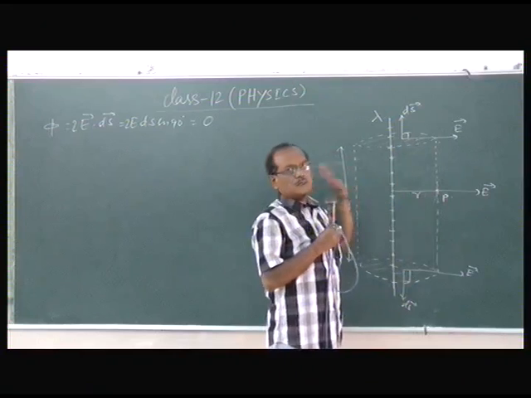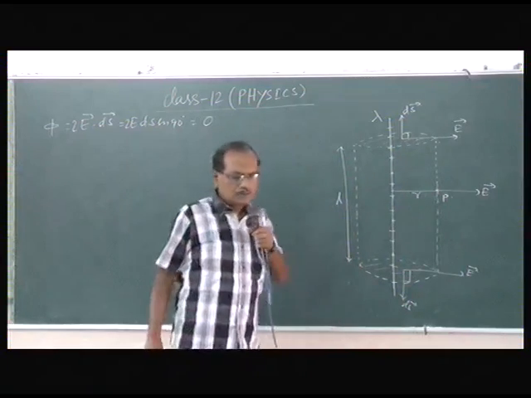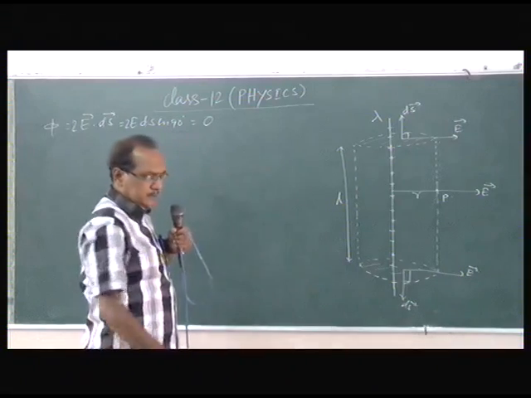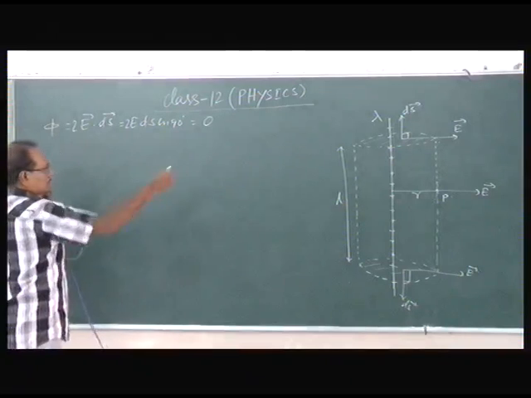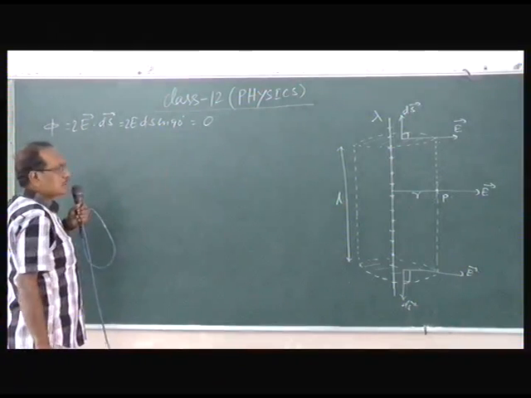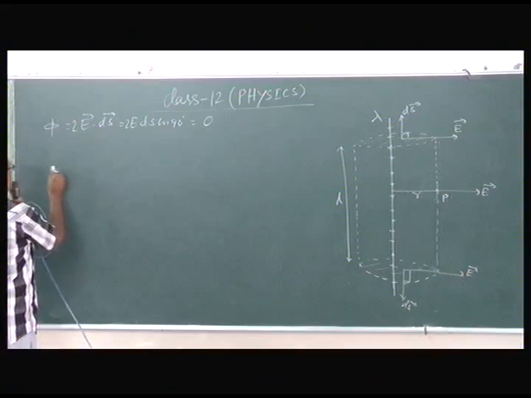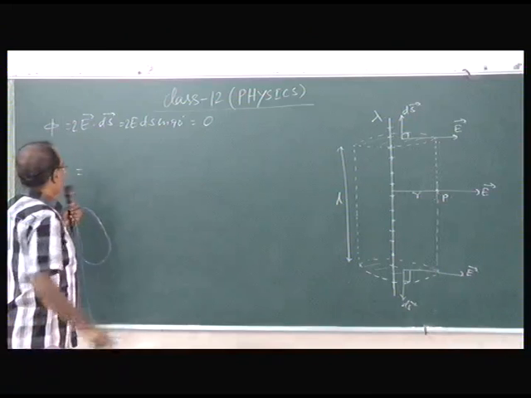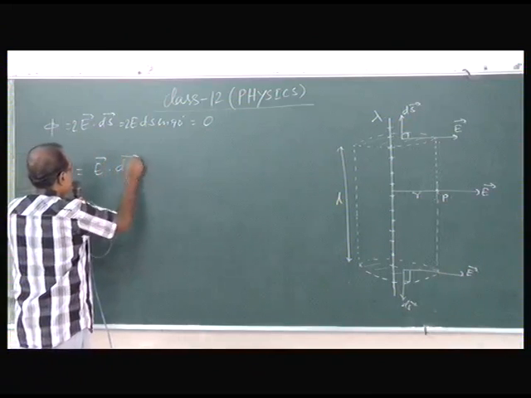Now the total electric flux through the Gaussian cylindrical surface, phi, is E dot ds.